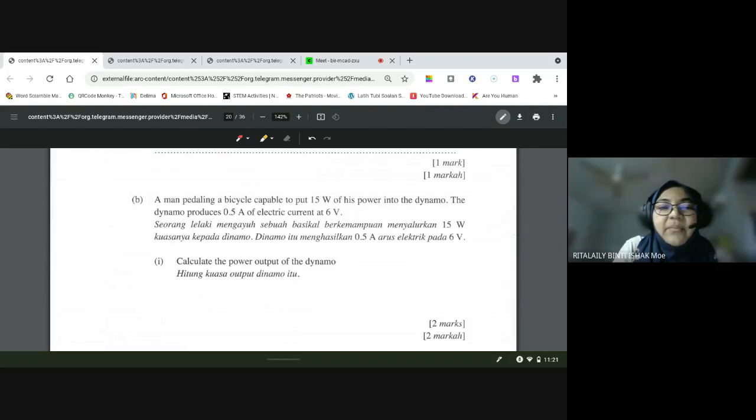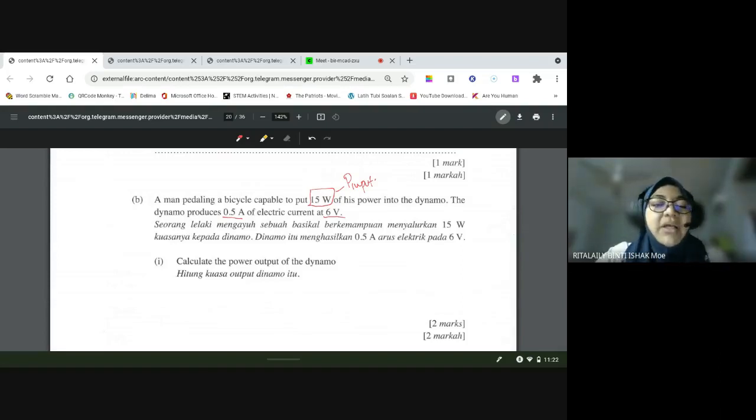The man pedals 15 watt. What is this? His power. Meaning, power input. So this is power input. It is already given. And then the dynamo produces 0.5 ampere at 6 volt.